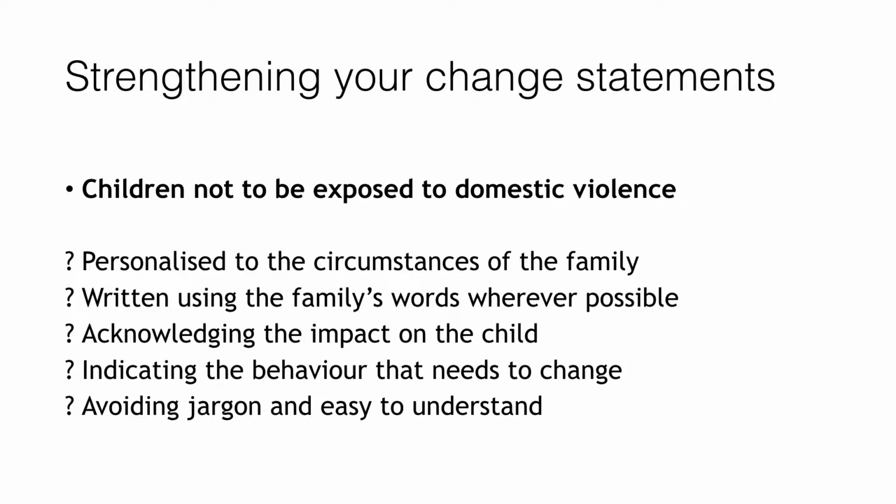Avoiding jargon and easy to understand. Again, I think the label domestic violence here gets in the way of making the statement clear and easy to understand what it meant. So, children not to be exposed to domestic violence falls short of the principles of a good change statement.